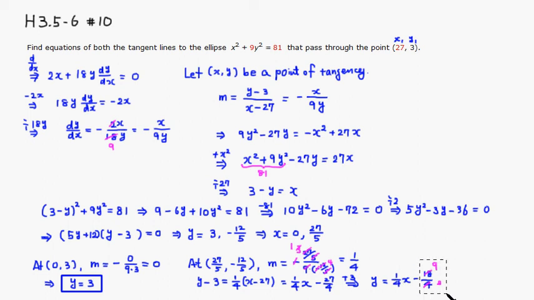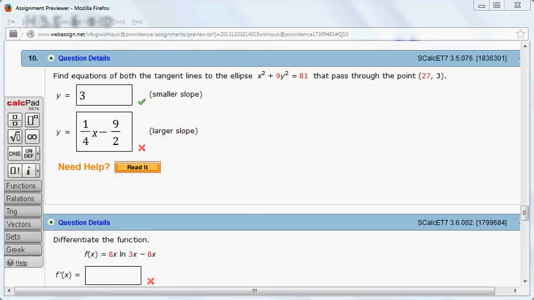So I did negative 27 over 4, then we're adding 3, so it's going to be 12 over 4. So you're adding 12 over 4, so it's actually going to be negative 15 over 4. So let's type that in again.